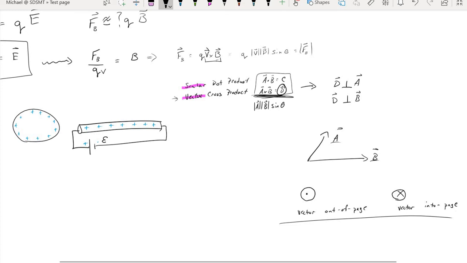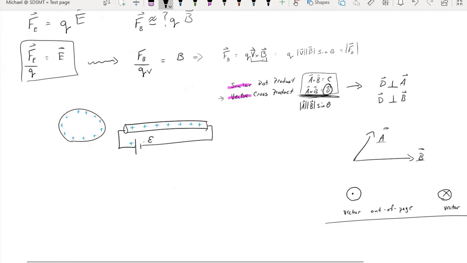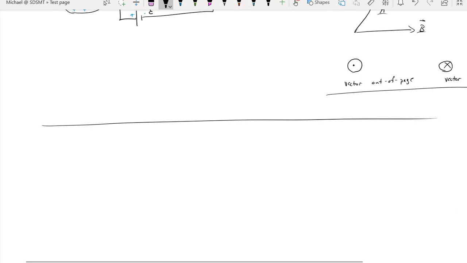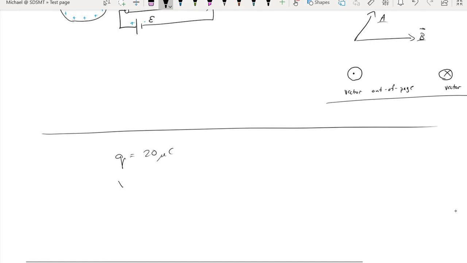The next thing that we have to consider is how we're going to evaluate this stuff. Let's take a basic problem of a charge of 20 microcoulombs traveling with a velocity of, let's say, 1,000 meters per second.